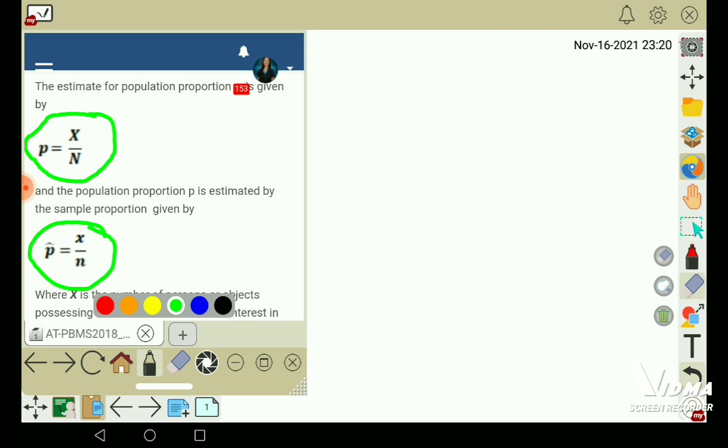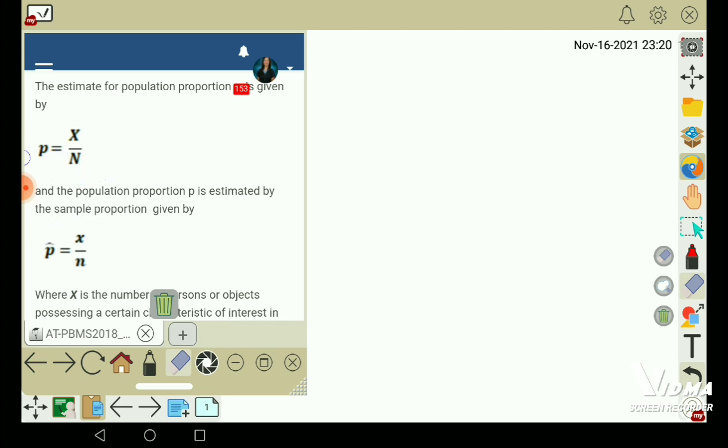The small letter n, as we recall, represents the sample size. Please take note of these representations that we often use.